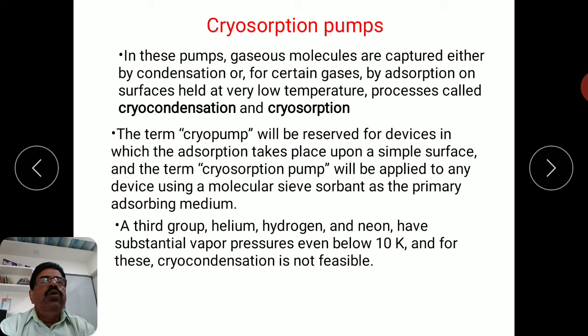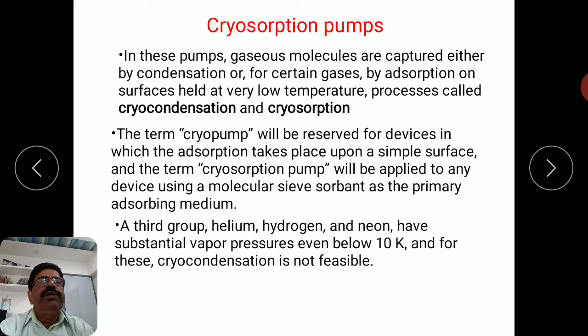A third group: helium, hydrogen and neon. Third group means earlier we have discussed the different types of molecules depending upon their vapor pressure. So depending on the vapor pressure, we have divided the gas molecules into three different groups.